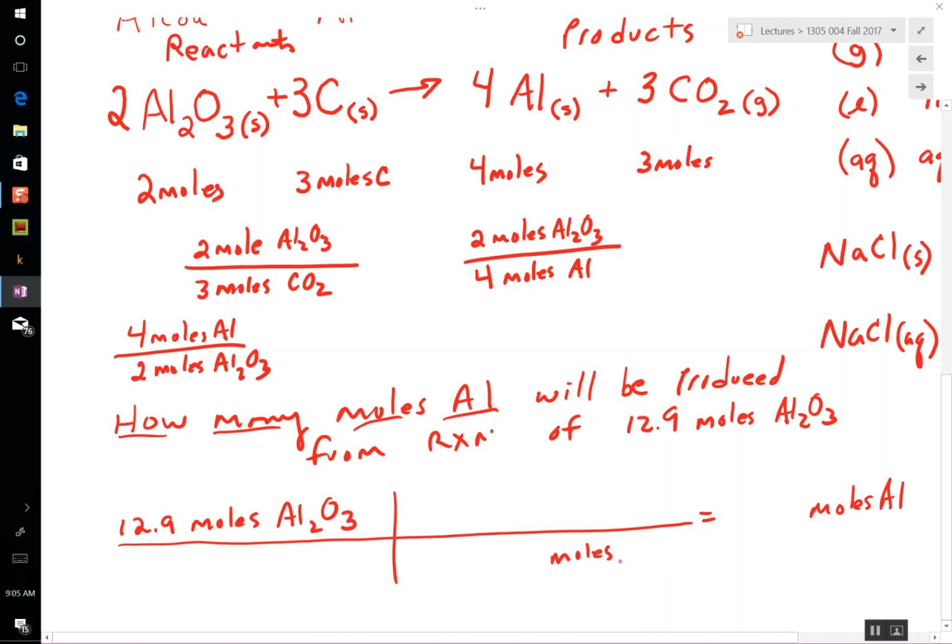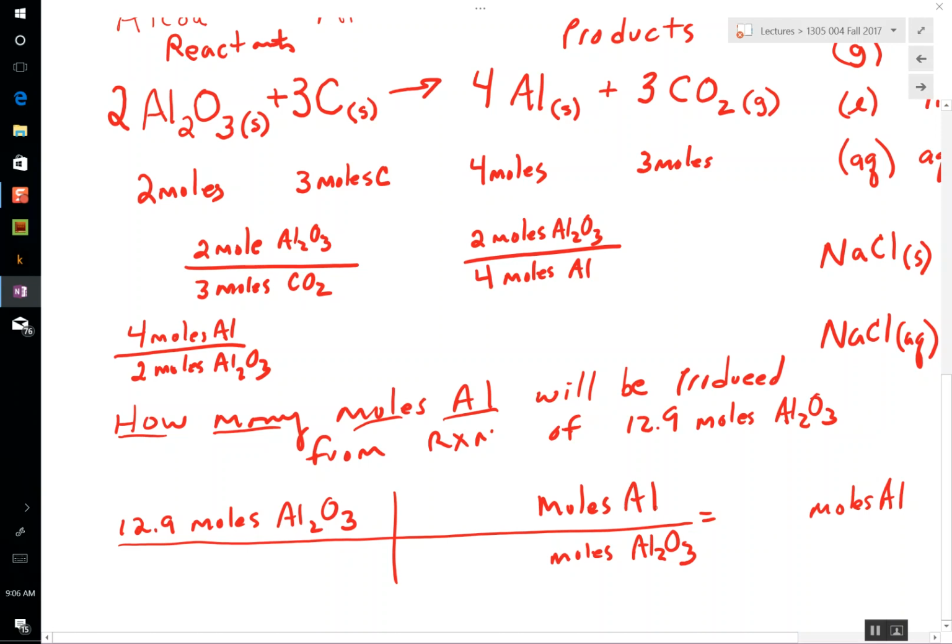What's going to be in the denominator? Moles of what? Aluminum oxide. Look, we got moles of aluminum oxide in the numerator. I want to convert to moles of aluminum. So I got to put moles of aluminum oxide down here and moles of aluminum up here.